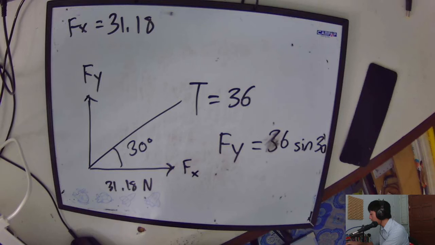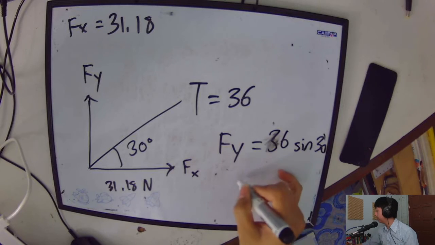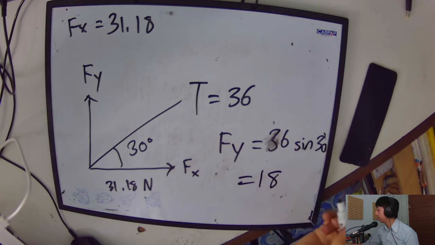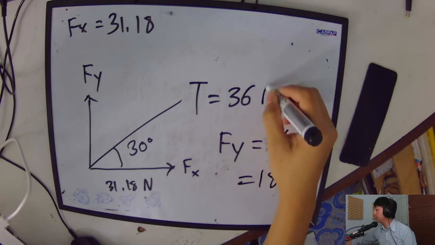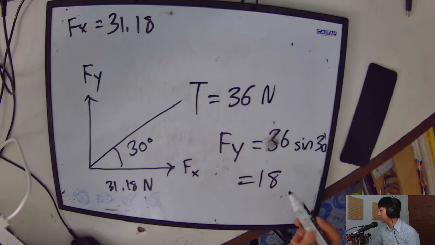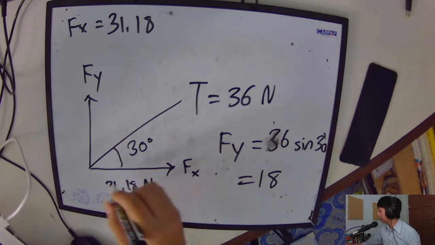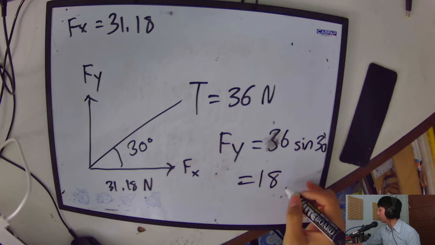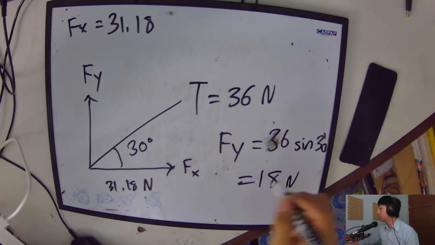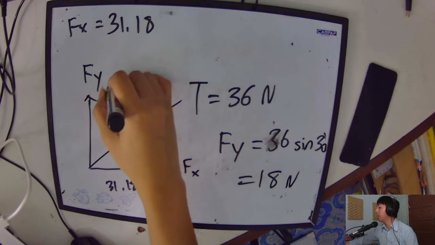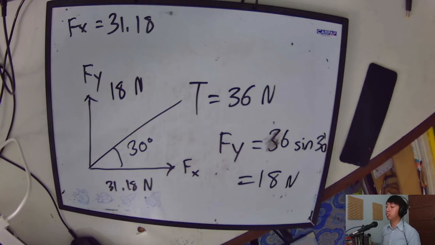So 36 sin 30, and my calculator says 18. And so you have 36 newtons in the direction of T, Fx is 31.18 newtons, and your vertical force is 18 newtons. So that's how you calculate the vertical and horizontal force.